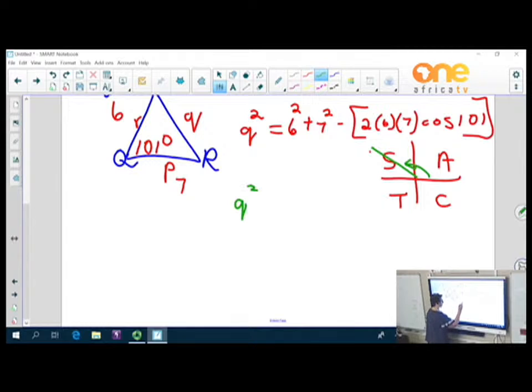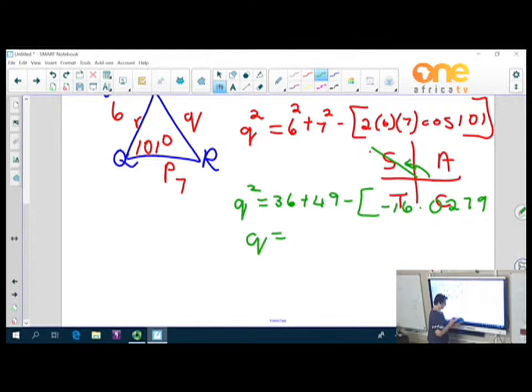So q squared is then equal to 36 plus 49. Now let's get that value in that bracket. So it is 2 times 6 times 7 cosine 101. And I got negative 16.0279. Look at the negative. We shouldn't throw that away now. This is an obtuse angle, and that makes the difference there.